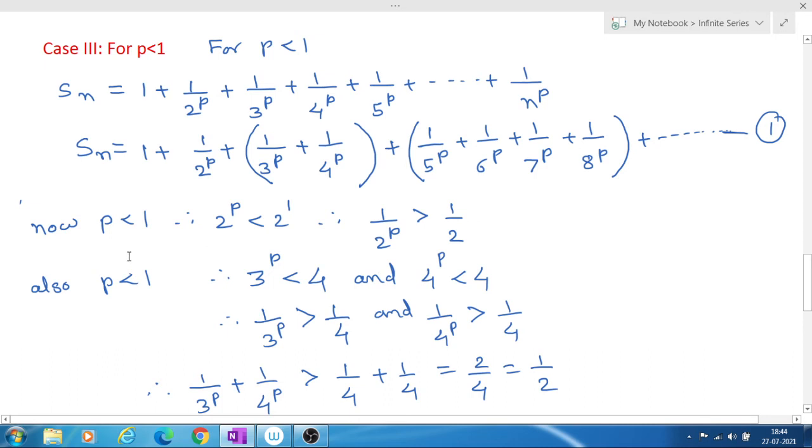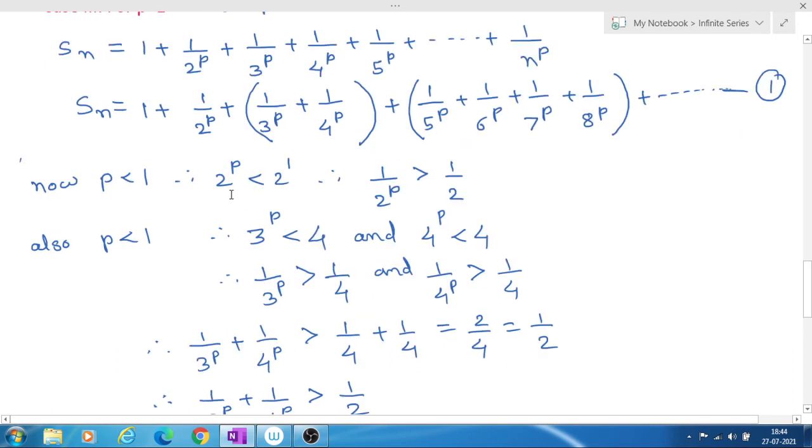Now since p is less than 1, this 2 raised to p is less than 2 raised to 1. Therefore taking inverse, 1 upon 2 raised to p is greater than 1 upon 2. Now this 3 raised to p is less than 4, because p is less than 1, also 3 is less than 4.